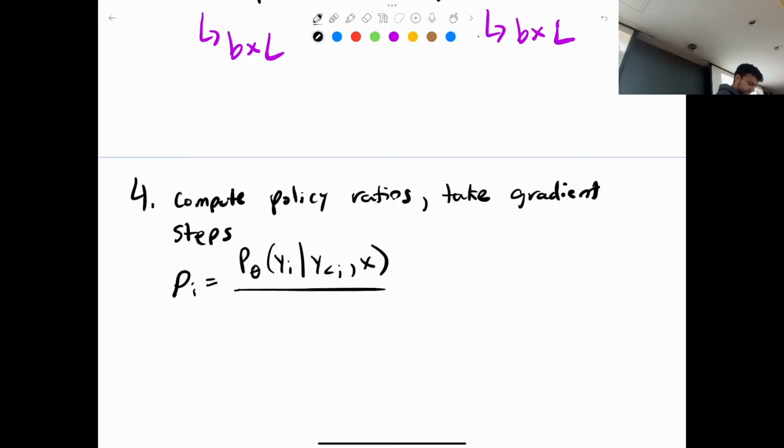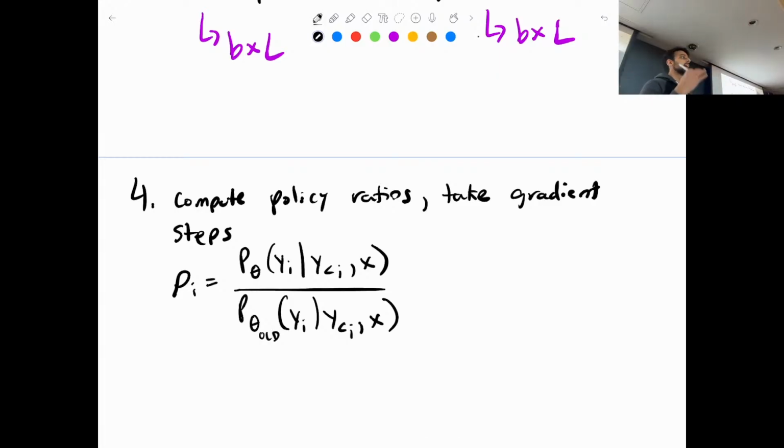And this is divided by the same probability computed by our old policy, right? Where this theta old is not the same as the theta SFT. Theta old is the model that generated this Y in the first place, so the model that generated the responses in this batch.